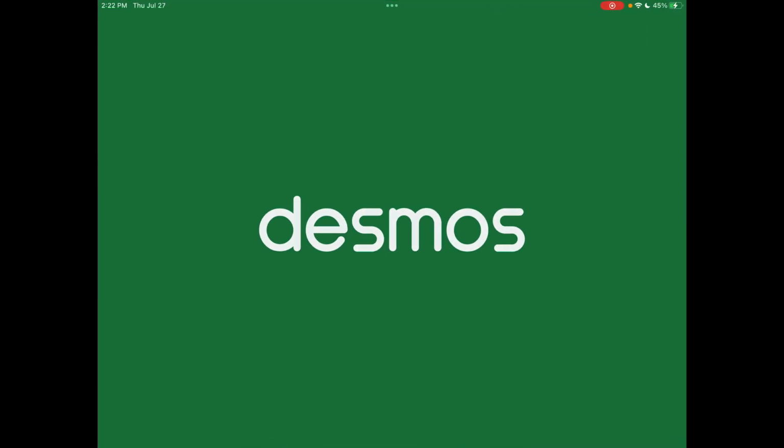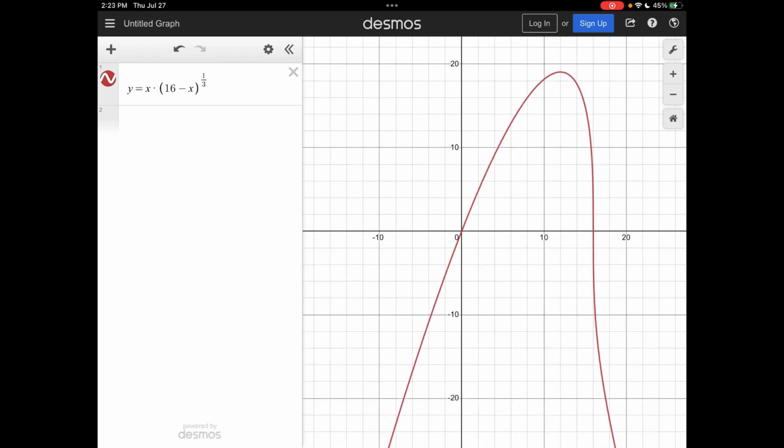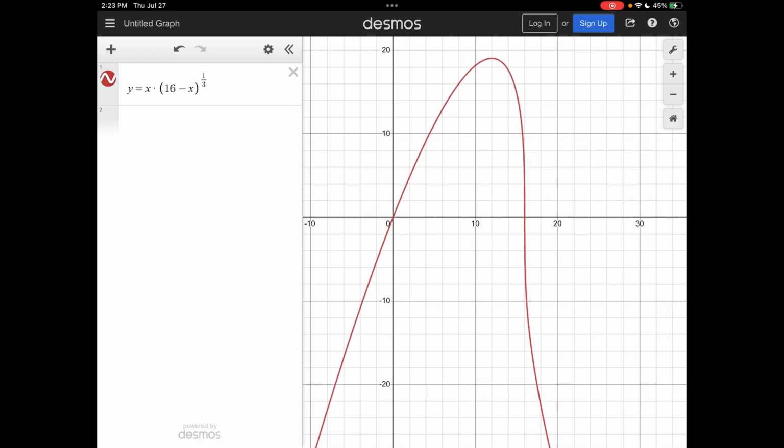There we go. And if we look at that graph, that would be y equals x times 16 minus x to the 1/3. Okay. So we take a look at this graph. This is what we have.